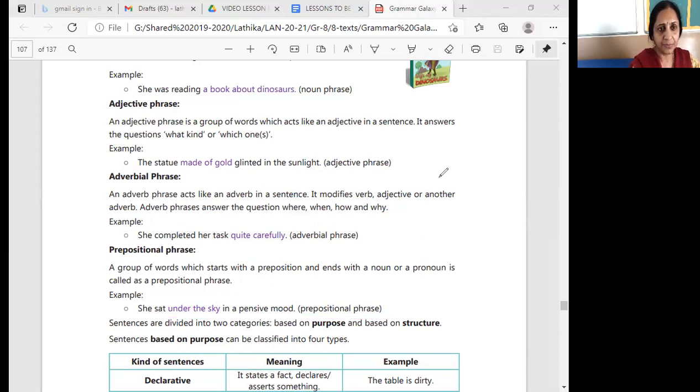So we come to the end of the definition and the types of phrases. Clauses we will do in the next class. To recap what we did today, we saw the definition of a phrase. Phrases are a group of words which do not have a subject or verb combination.